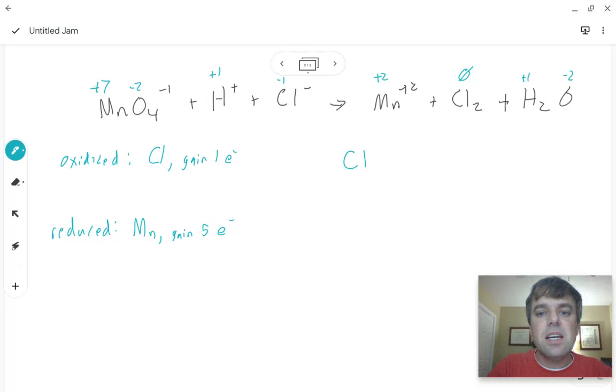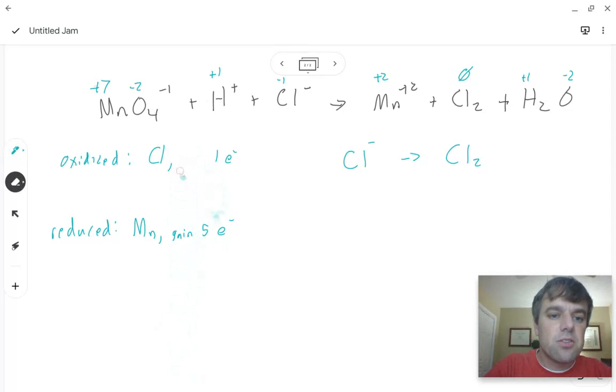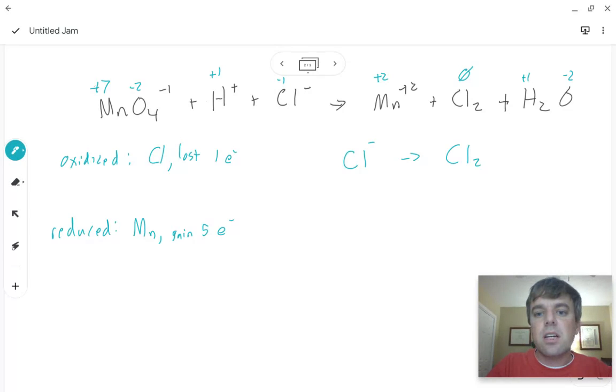We have Cl minus turning into Cl2. I'm sorry, why did I say gain? Chlorine lost 1 electron. I know better than this. All right, so chlorine is going from Cl minus to Cl2. The first thing we need to do is balance the chlorines by putting a 2 right there.